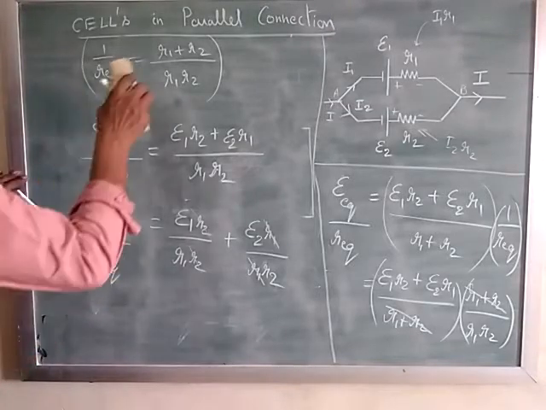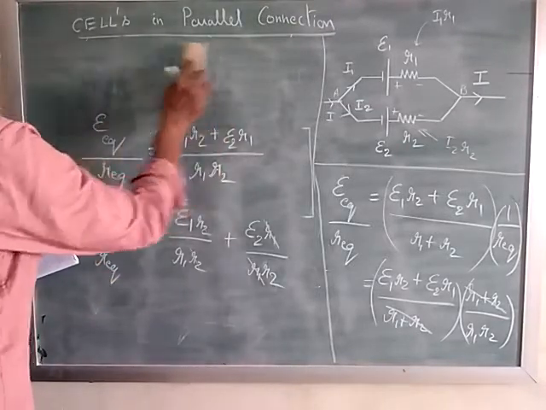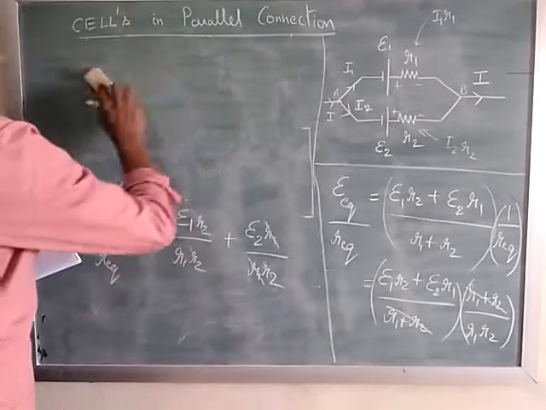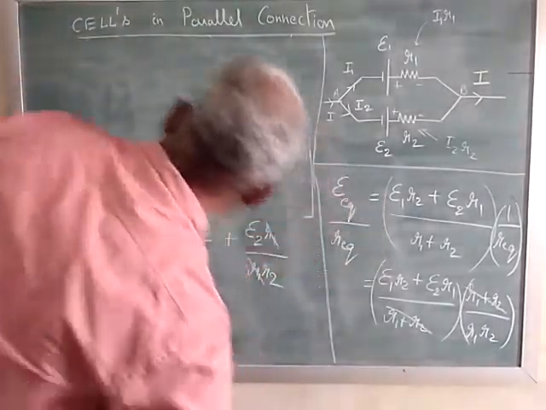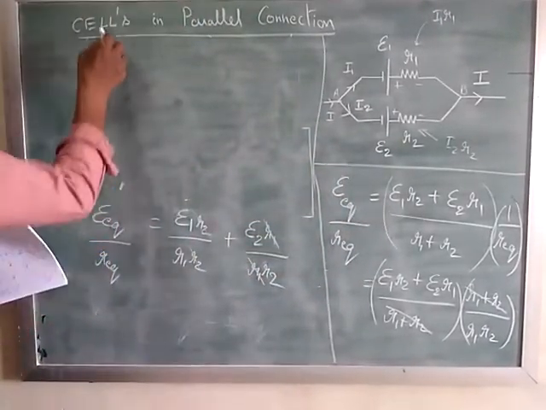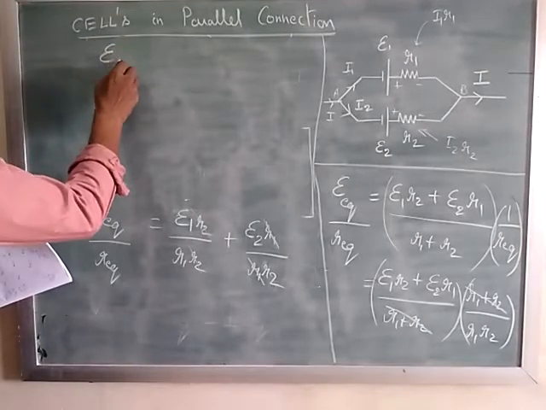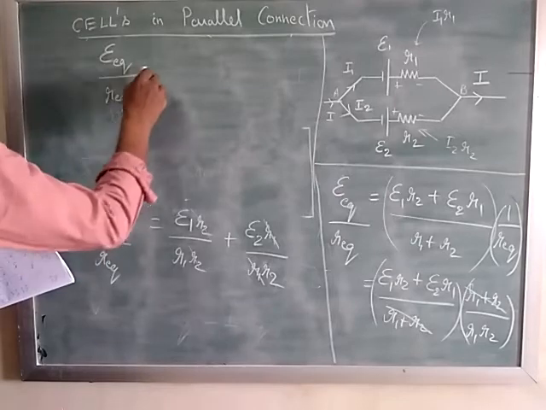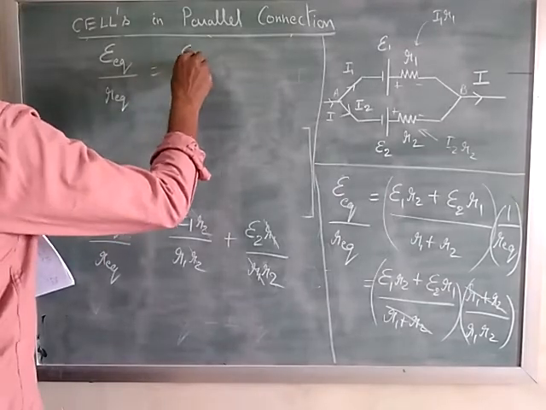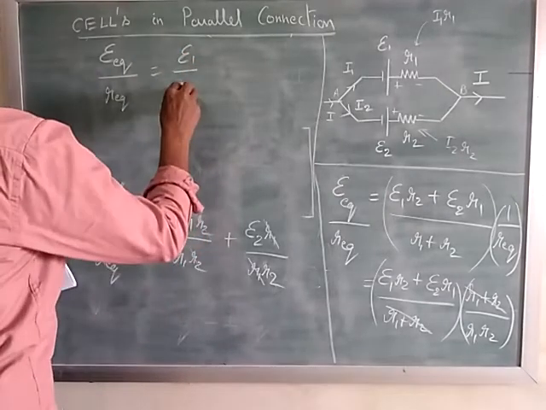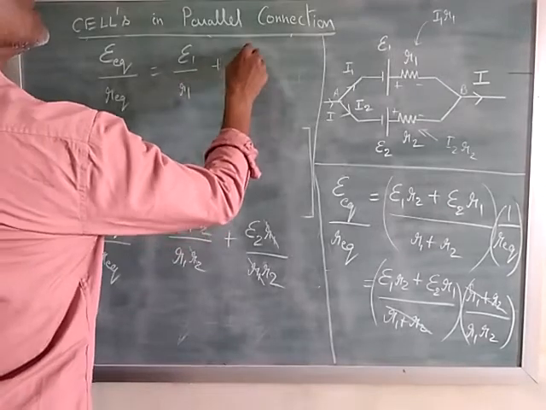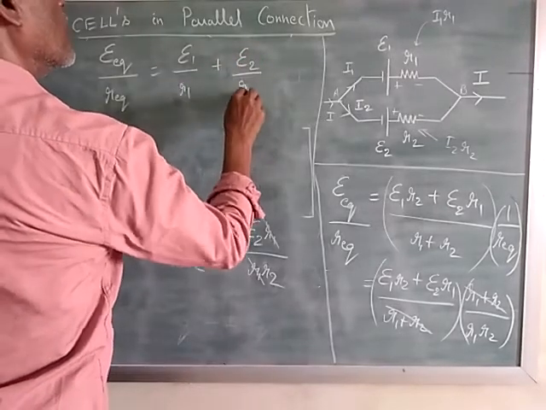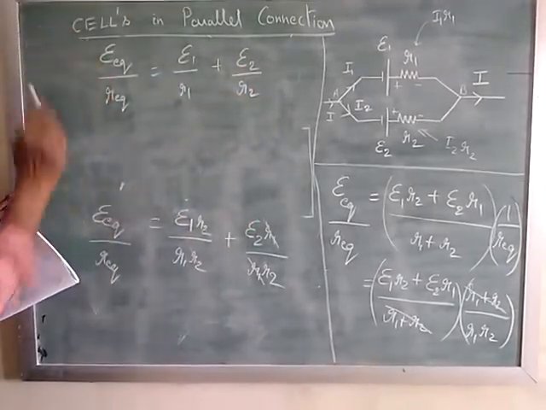Now, if you want to find E equivalent, so I write once again, E equivalent by R equivalent is equal to E1 by R1 plus E2 by R2. Now I want E equivalent.